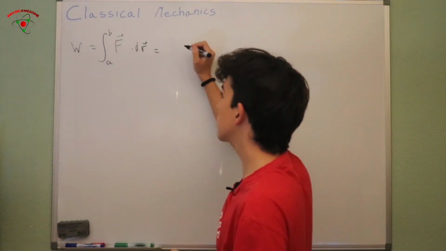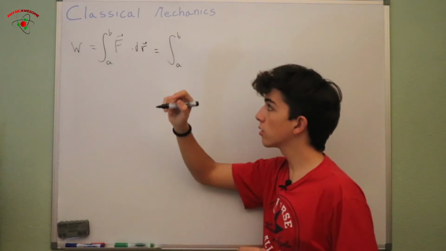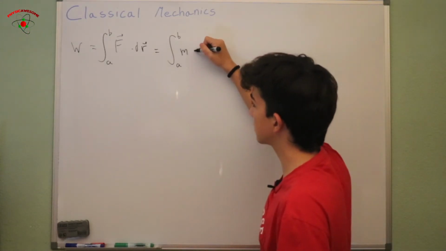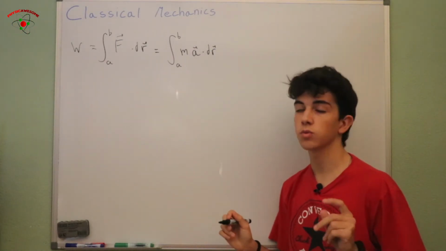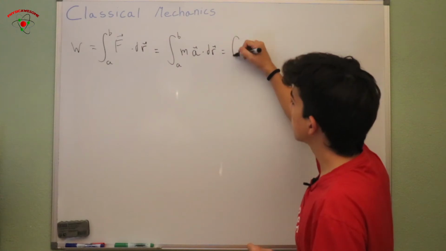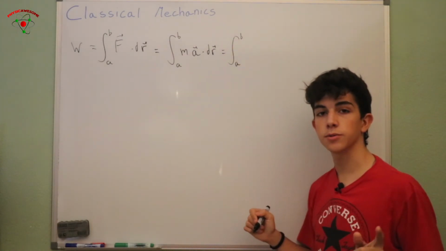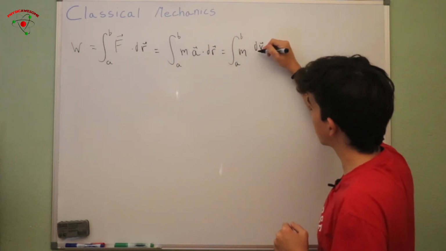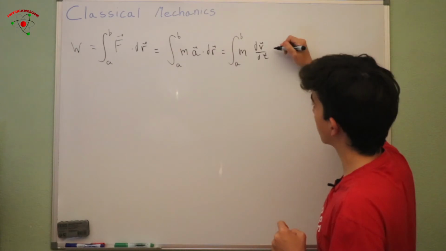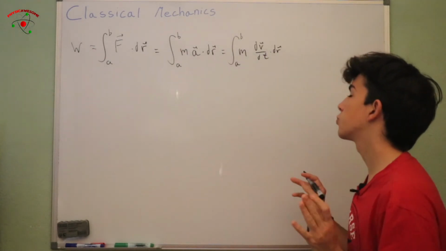And we can see that the force is no other thing than mass times acceleration. This is pretty straightforward. Now, if we expand this acceleration in terms of velocity as a differential, we find this. So everything is pretty straightforward.